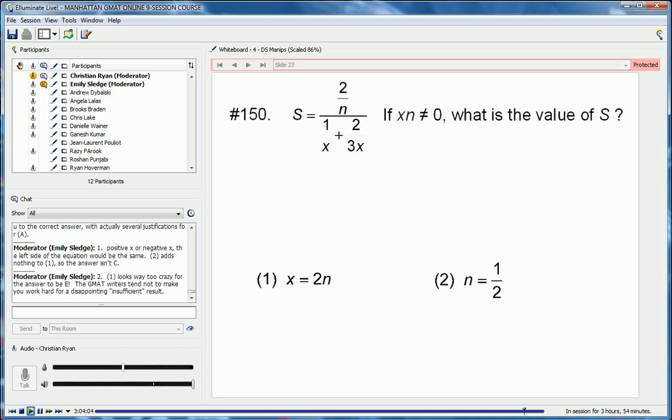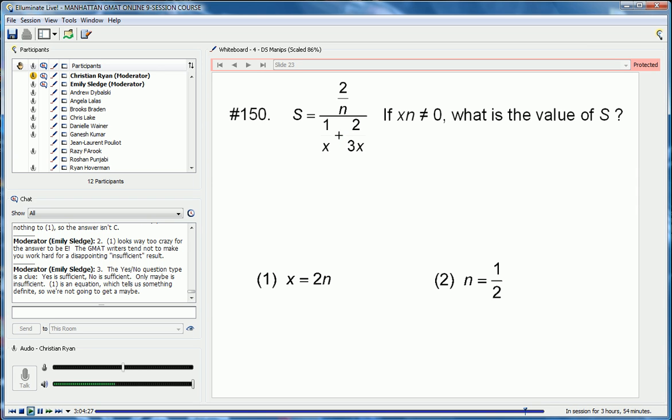This one here, xn does not equal 0. All that means is we're not dividing by 0. What's the value of s? Double-decker fractions like this freak people out. They don't like them. But what you've got to do is say, okay, in order to simplify this thing, I just have to combine these two fractions, 1 over x and 2 over 3x. Combining those, I get a common denominator of 3x.